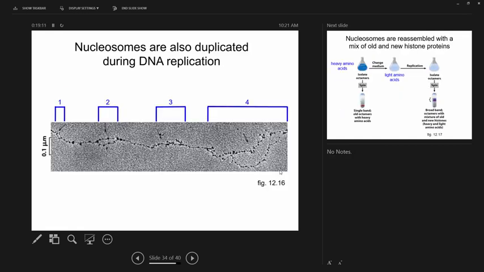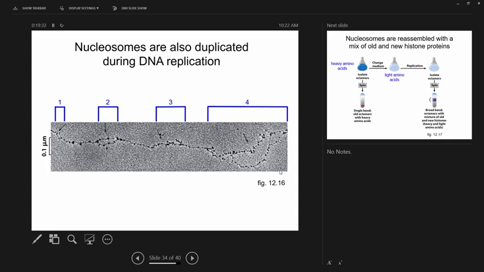All right. So in eukaryotes, we also have the problem of removing and adding histones to make nucleosomes. So the nucleosomes have to come out of the DNA to have replication occur because the DNA is wrapped around them.